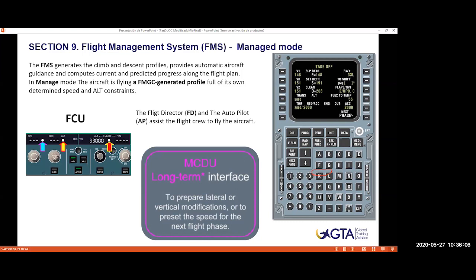How can we say that we want to fly like this? We go to the FCU, we push the speed, we push the heading button, we push the altitude, and in this way we are telling the aircraft that we want you to guide for me and fly what you already designed.